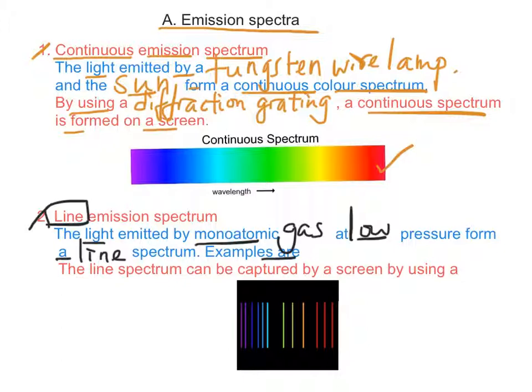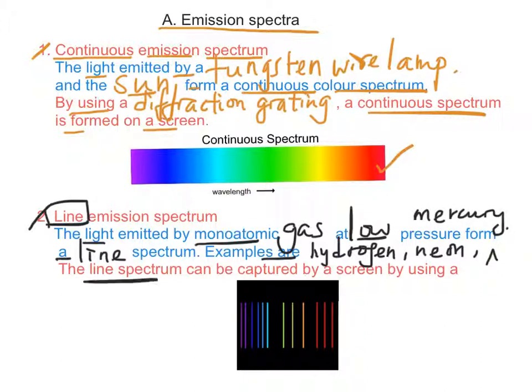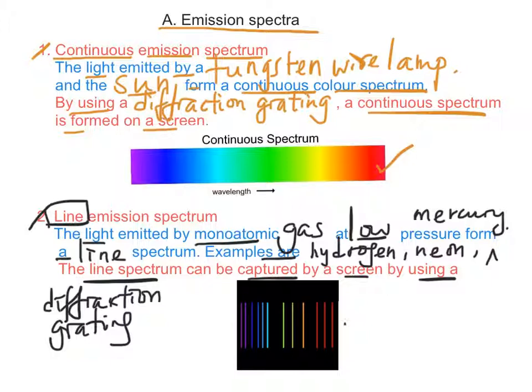Examples are hydrogen gas, neon gas, or mercury gas. The line spectrum can be captured by a screen, again by using a diffraction grating, as shown in the diagram.